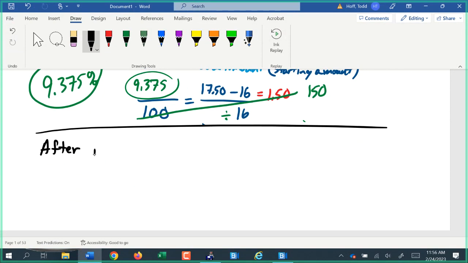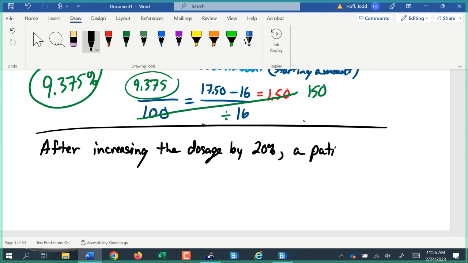Let's say after increasing the dosage by 20%, the patient is receiving 540 milliliters of fluid per hour.